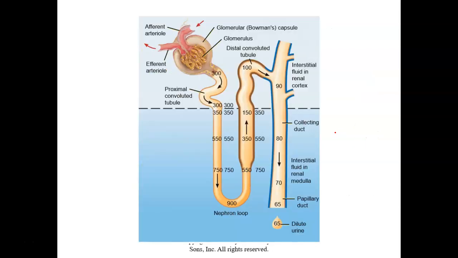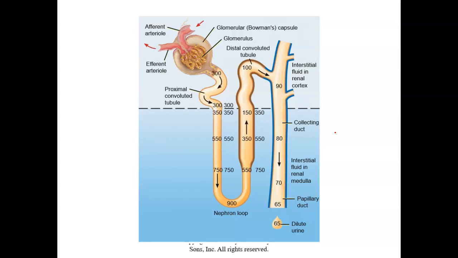But why is that important? Sure, it is the production of urine, but the movement of molecules also has to do with the ability of the kidney, specifically the nephron, to adjust the concentration of the urine.